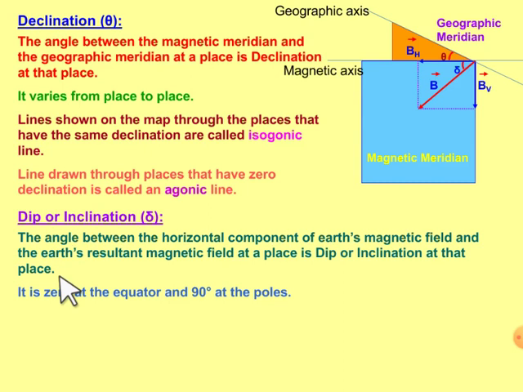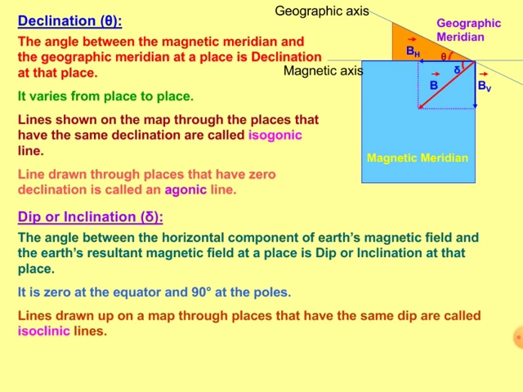Just as we did in the case of declination, those lines drawn on the map that have the same dip are called isoclinic lines. Iso means equal, and clinic comes from inclination, so isoclinic.